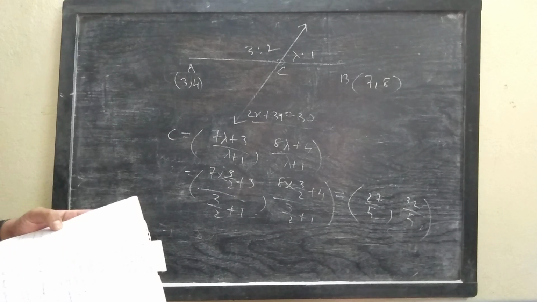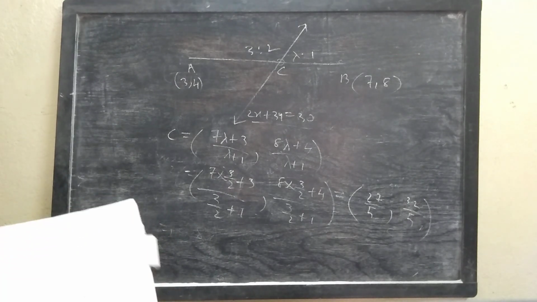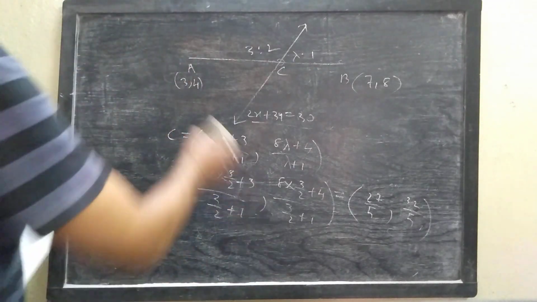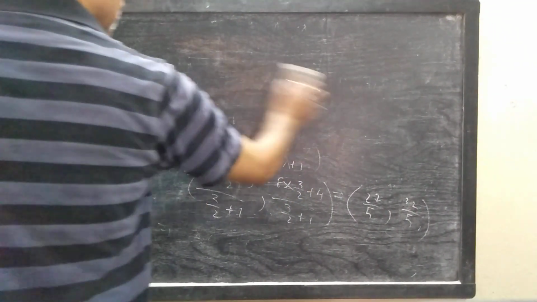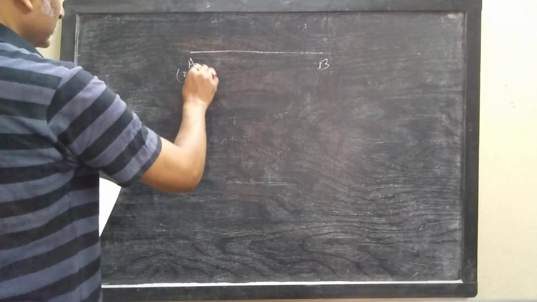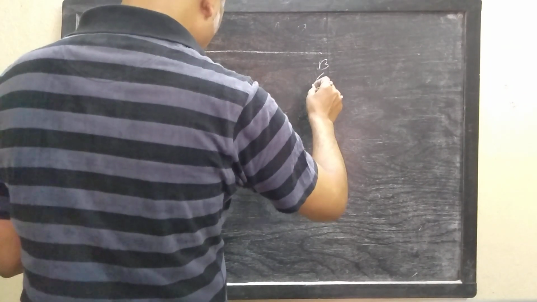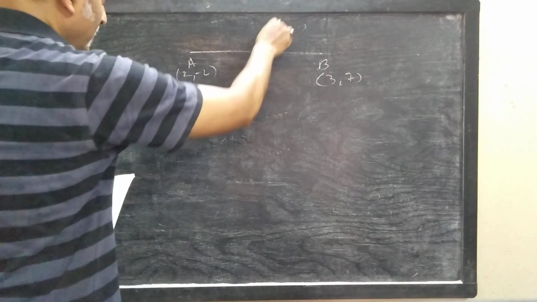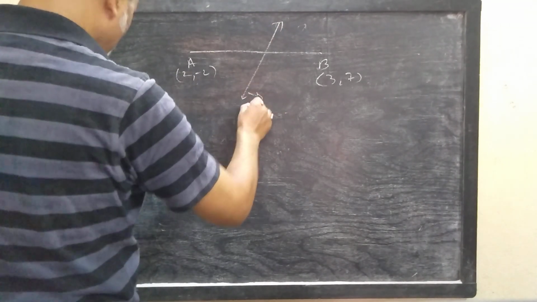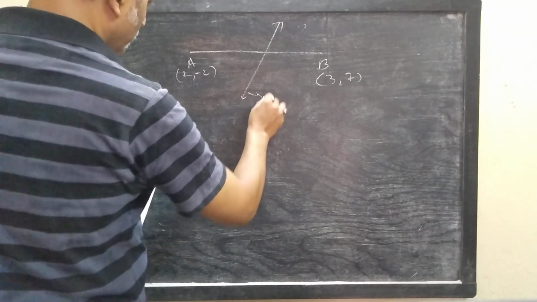Now take similar problems as homework. A is (2, minus 2), B is (3, 7), and the line which divides AB has the equation 2x plus y equals 4.